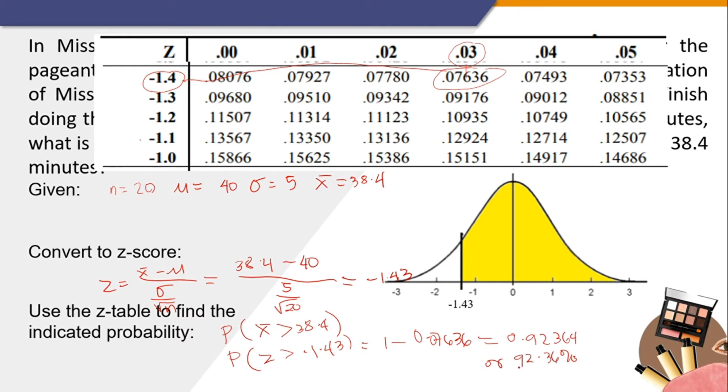So, yung 92.36% is yung shaded part. And so, the probability that some randomly selected Miss Universe contestants will finish doing their makeup more than 38.4 is 92.36%.